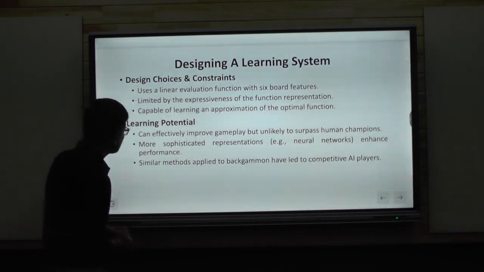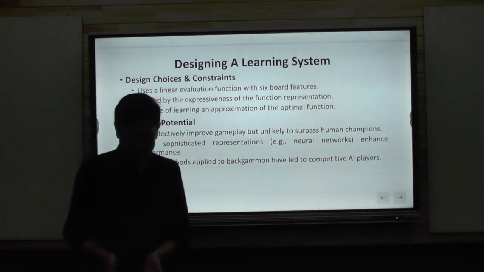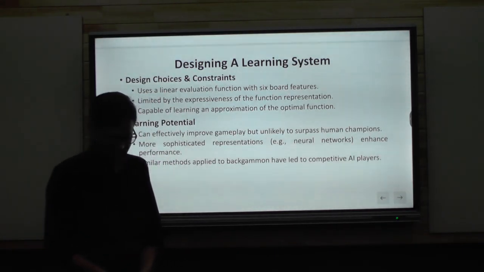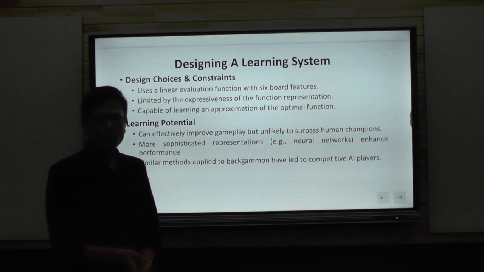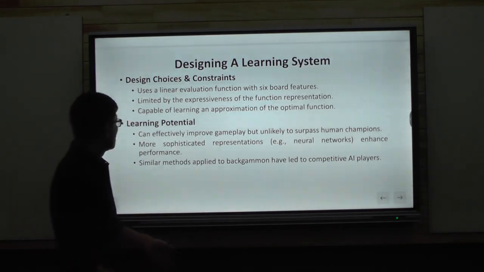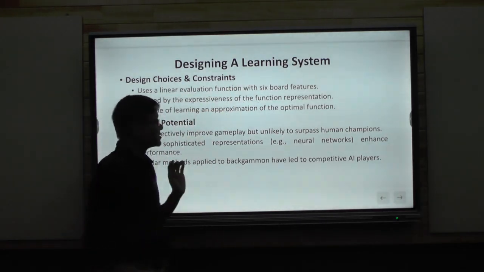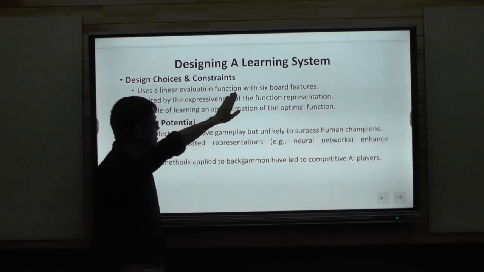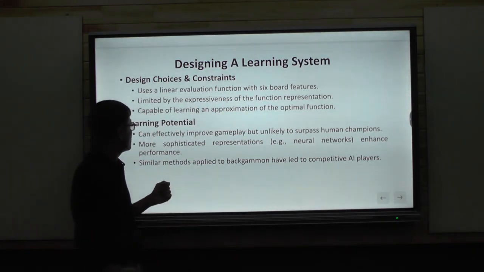Now, we have certain design choices, out of which we choose one and ignore the others. So that means we have to operate within certain constraints. We use a linear evaluation function with 6 board features, which we have chosen.